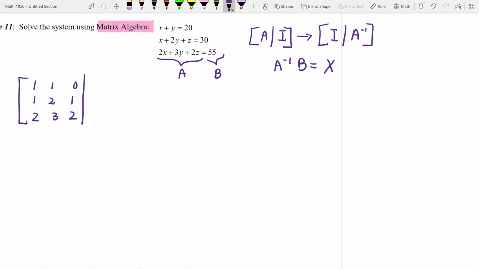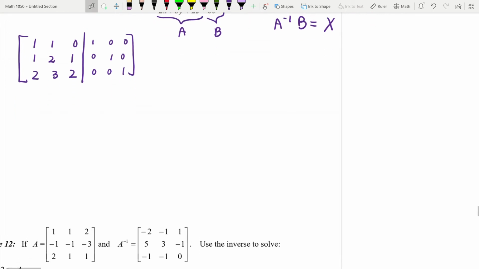They'll tell you what method to use, yes. And if you use a different method, you get nothing. They will tell you what method, yes. Okay, here we go. 1, 0, 0, 0, 1, 0, 0, 0, 1.